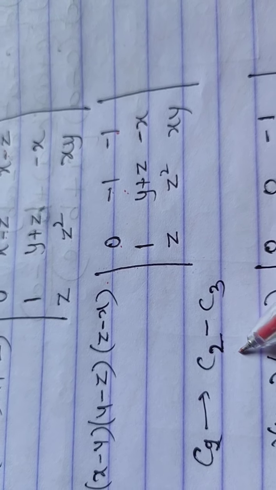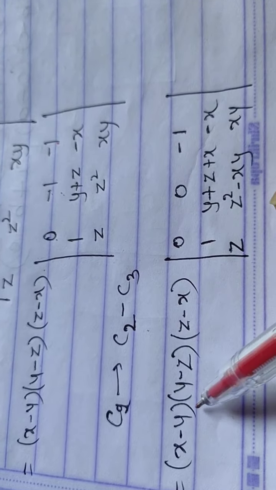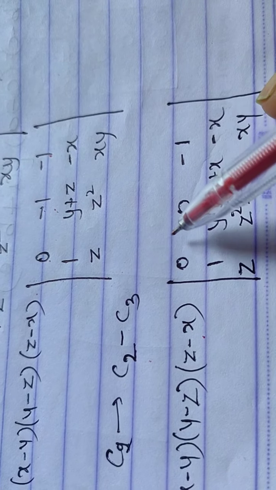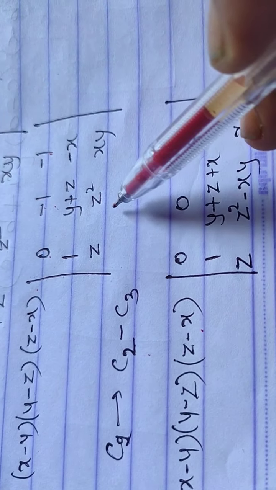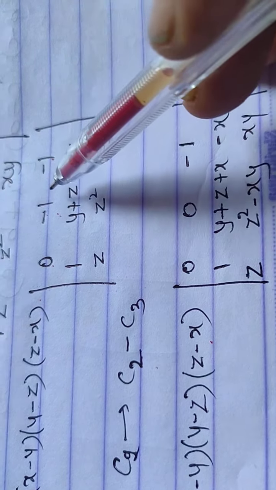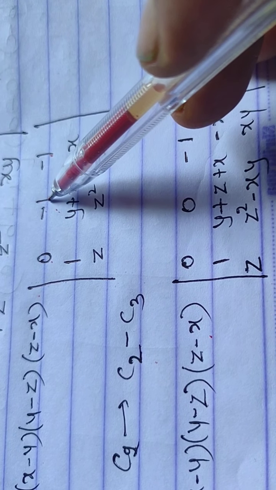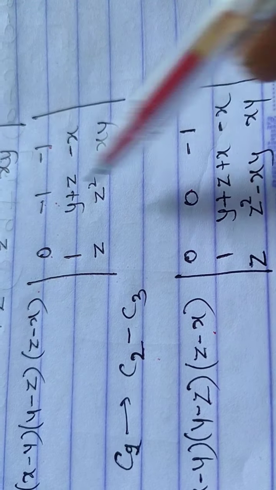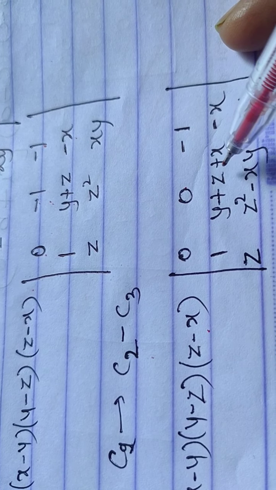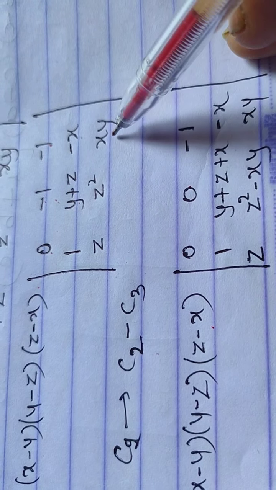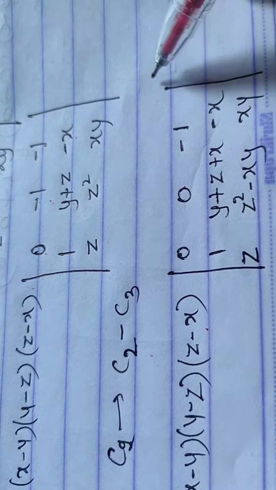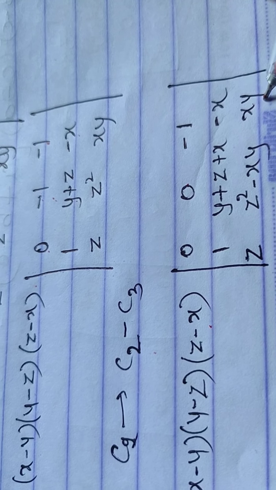Write column c1 as it is, and c2 will be 0, y plus z minus of minus x, that is x, and z square minus xy as the third element of c2. Write the elements of c3 as it is.